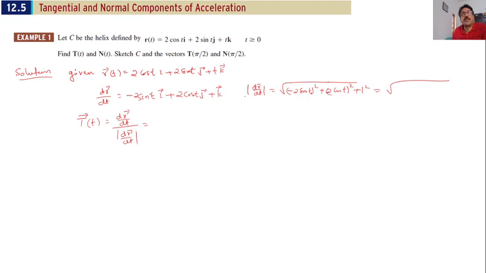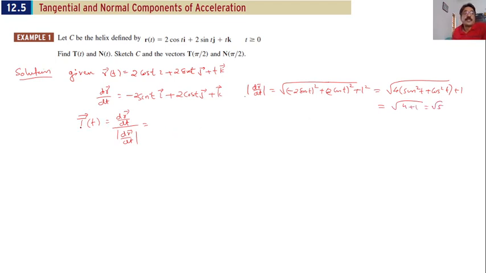So you can take 4 outside, 4 into sin square t plus cos square t plus 1, and sin square t plus cos square t is 1, so this is only 4 plus 1, which is equal to root 5.